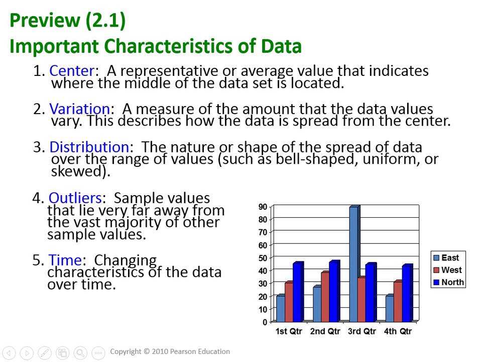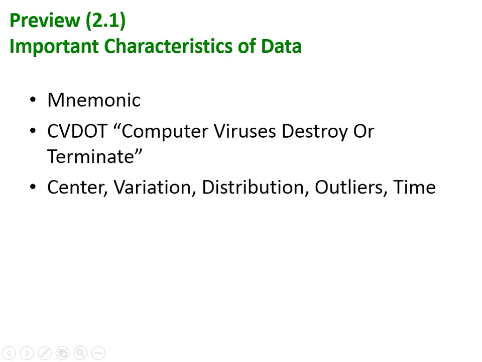So each of these, you'll want to recognize those terms as we go through. The book has a mnemonic to help you remember each of those, and that is "computer viruses destroy or terminate," to help you remember the center, variation, distribution, outliers, and time are things that we look at when we look at our data. Each of these has important characteristics that tell us about the information.